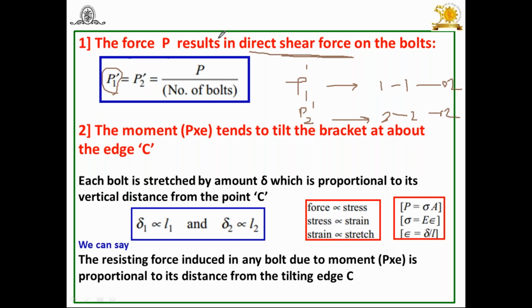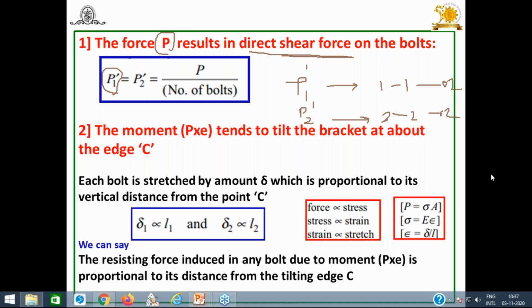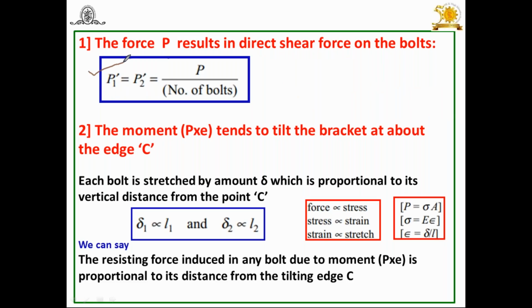Because of this P, which is acting perpendicular to the axis of the bolts, direct shear forces are induced on the bolts. And how to find out its magnitude? To find its magnitude, we have to use a simple expression.